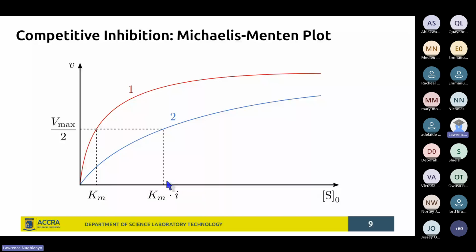So practically, when you are doing this in the lab and you have a reaction mixture, let's say you have some sugar and you have some amylase also in the reaction mixture, so that the amylase will be acting on the sugar.